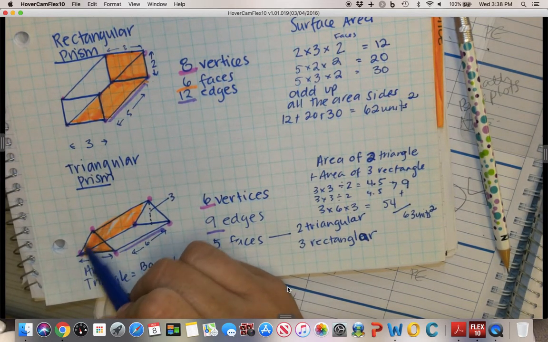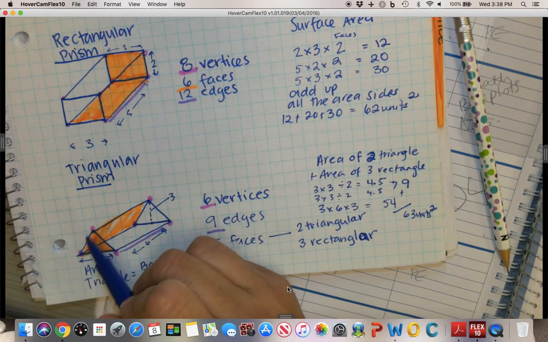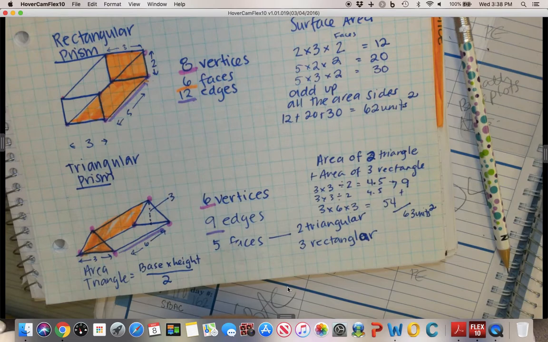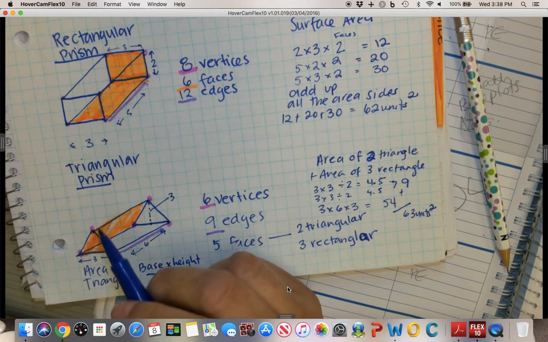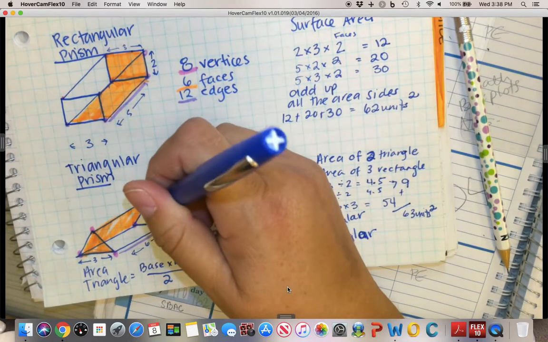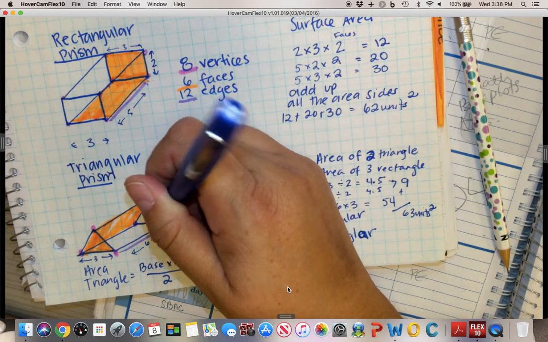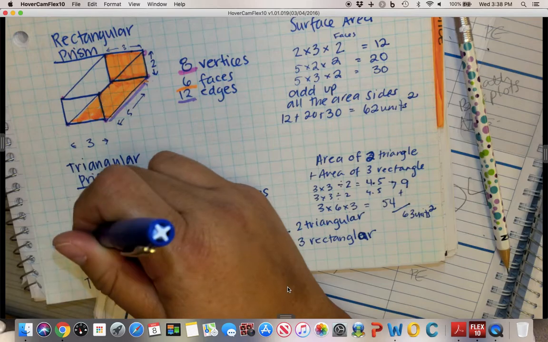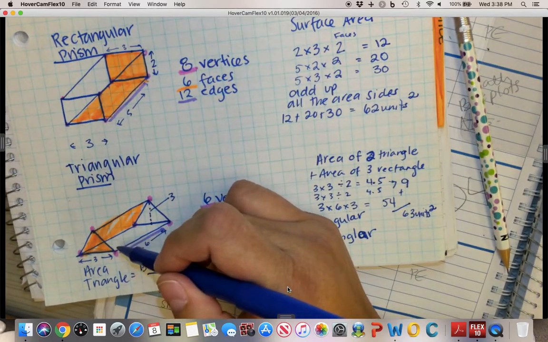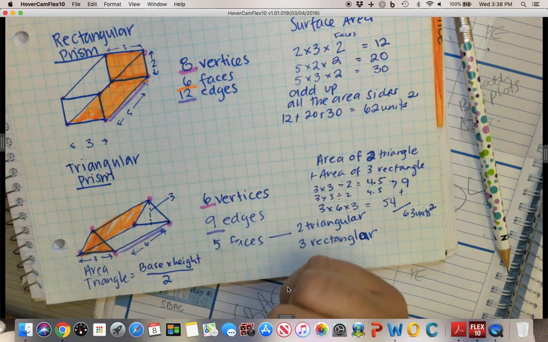Your side here might be different than the bottom. It depends on what kind of triangle it is. So you might have to do a 6 by something else on this side. Just know whatever it is, it will be labeled. This side or this side might have a different measurement.